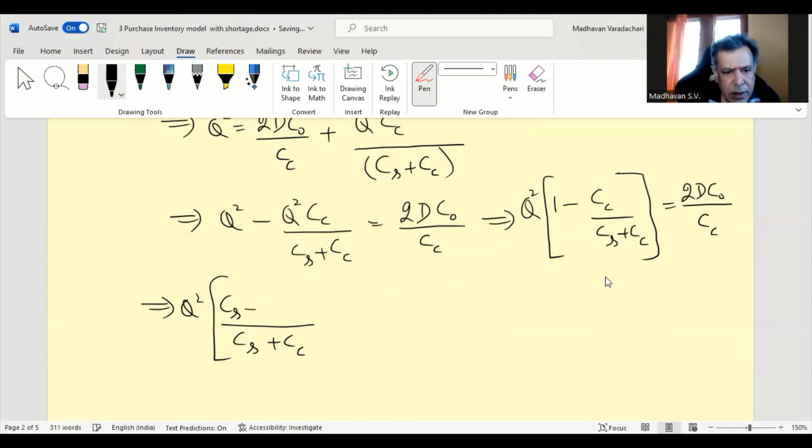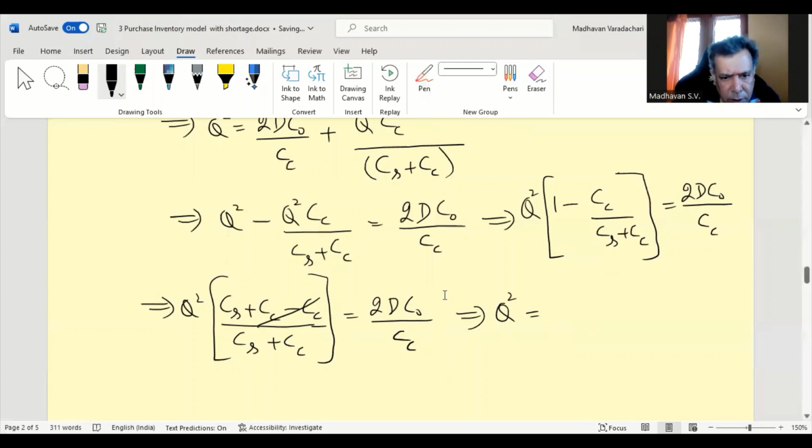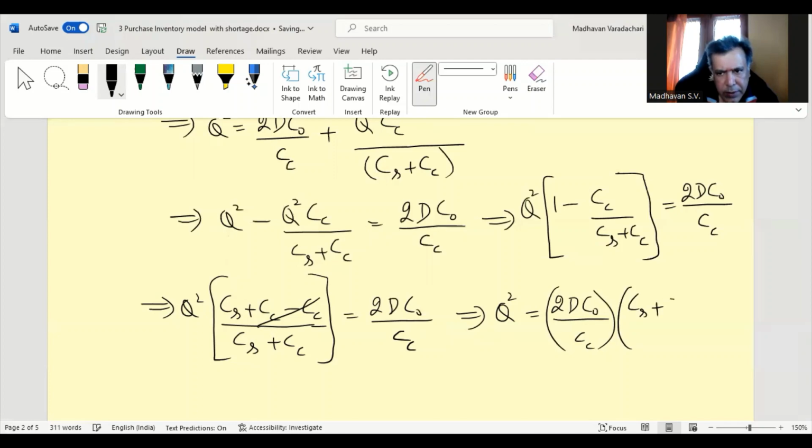Here you will have Cs plus Cc minus Cc is equal to 2DCO by Cc. So this and this get cancelled. You will have Q square is equal to, this will go to the numerator, this will come to the denominator. So you will have 2DCO by Cc times Cs plus Cc divided by Cs.